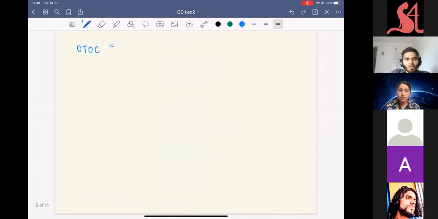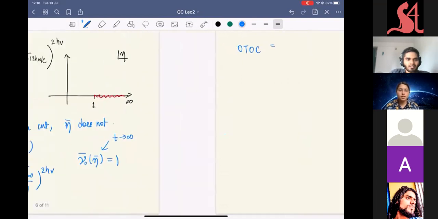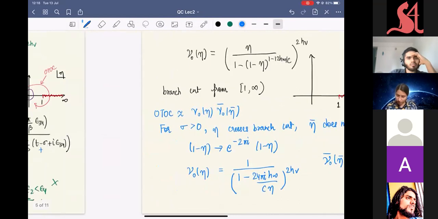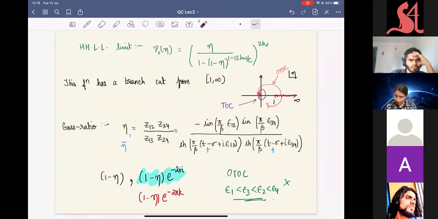Could you roughly show how this eta changes with time? Right. As I drew here, eta increases with time, and at t equals sigma you can see the singularity in the cross ratio. At that time, it crosses the branch cut, and it will keep on increasing. At time equals infinity, it's still on the second sheet, and eta is very small.